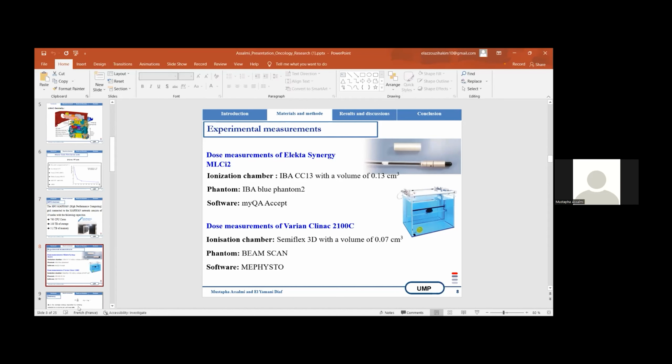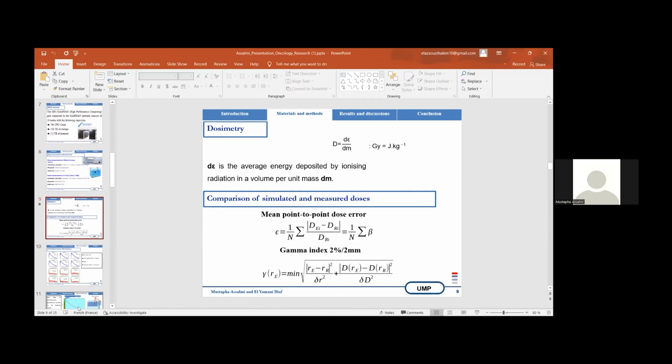The experimental dose measurements for the Varian Linac were performed with a Semiflex 3D ionization chamber in a BEAMSCAN water phantom, with data acquisition performed by Mephisto software. The dose is defined as the mean energy absorbed in a volume divided by the mass of this volume, expressed in gray.